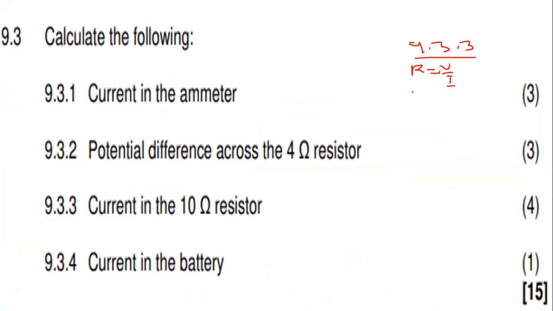So the total resistance, we said it's 16. The total voltage of that pathway is 12 divided by I. And you will remember our triangle where R is V over I. So if I want the value of I, I will take V and divide by R. So it means I will take the value of 12 divided by 16.